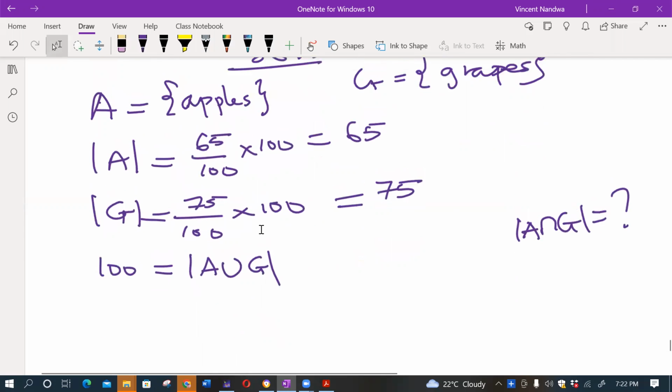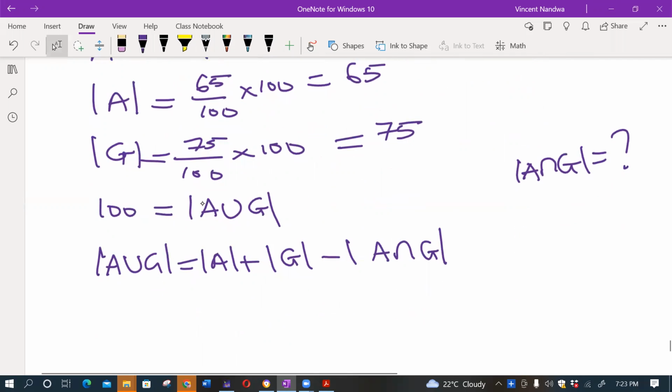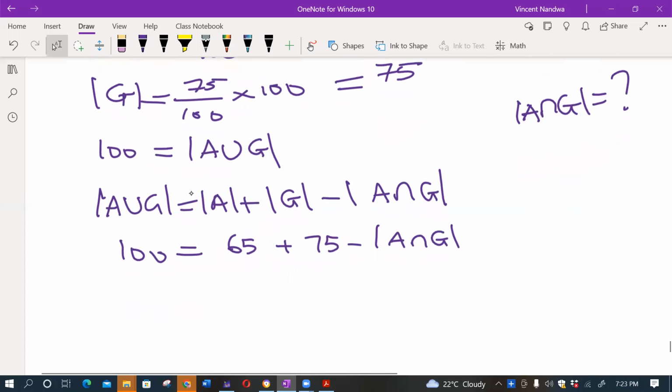From the inclusion-exclusion principle, cardinality of A union G is cardinality of A plus cardinality of G minus cardinality of A intersect G. So which will be given by, this is 100, cardinality of A is 65, G is 75, and then this is what you're solving for. So 100, when we add 65 to 75, we get 140.